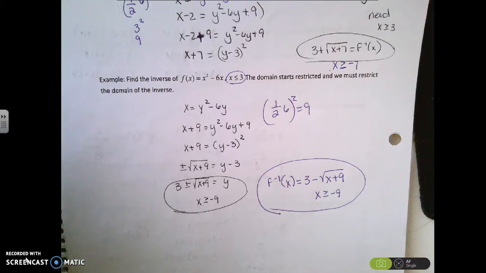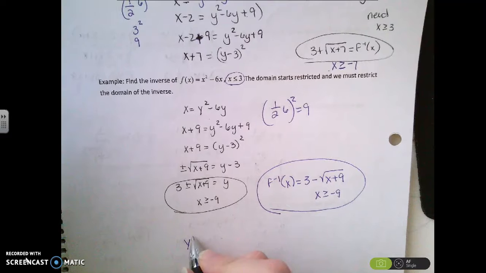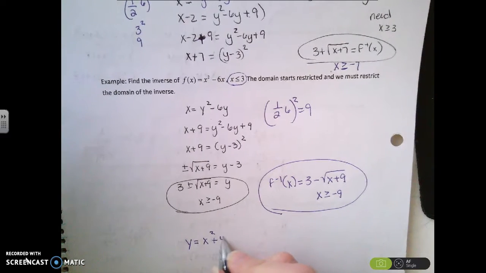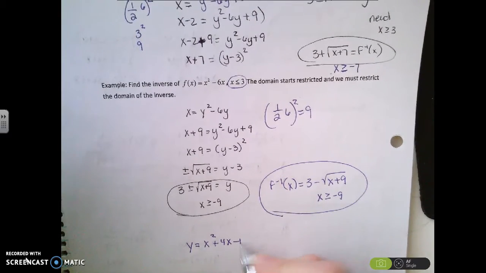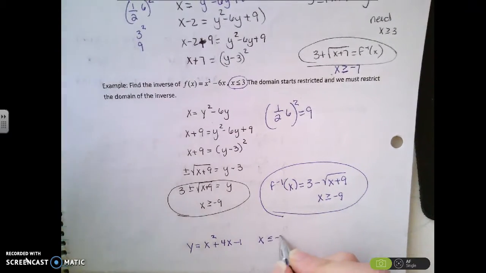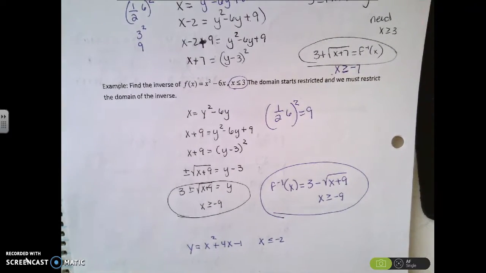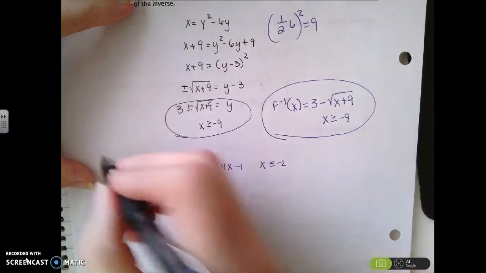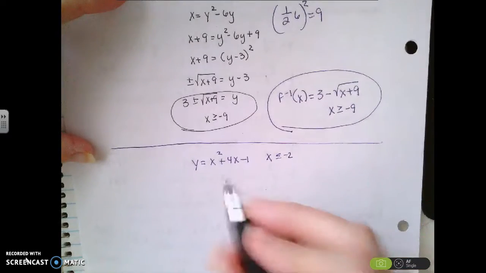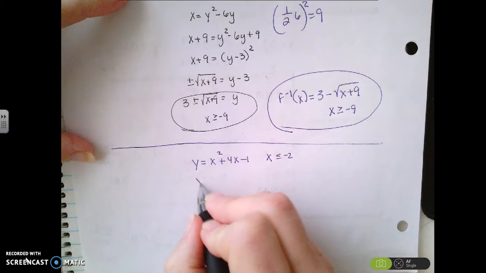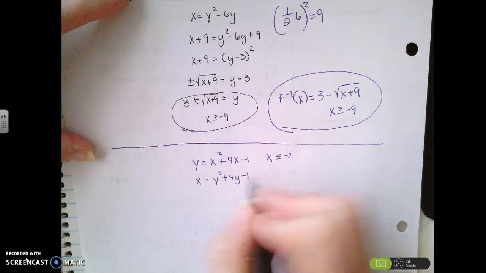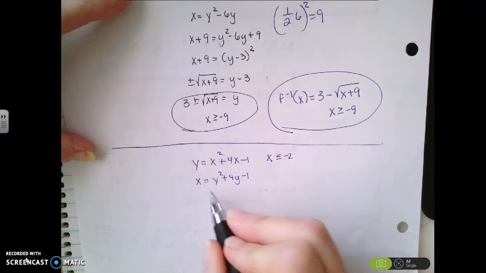So one more inverse problem, and we're going to look at y equals x squared plus 4x minus 1, and we're looking at x is less than or equal to negative 2. Okay, so we're going to go through the same process with this one. So we're going to go ahead and switch our x's and y's. And then I'm going to go ahead and move that 1 over.